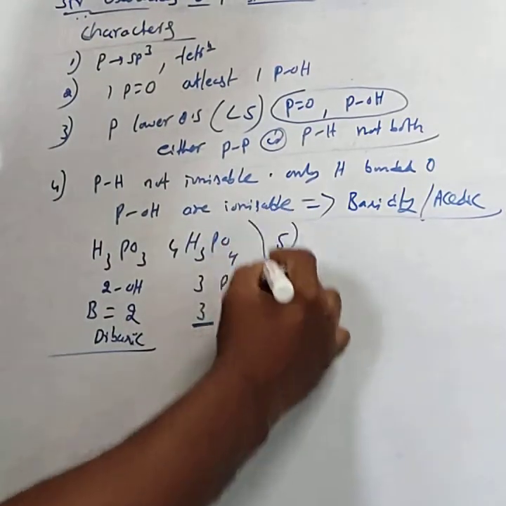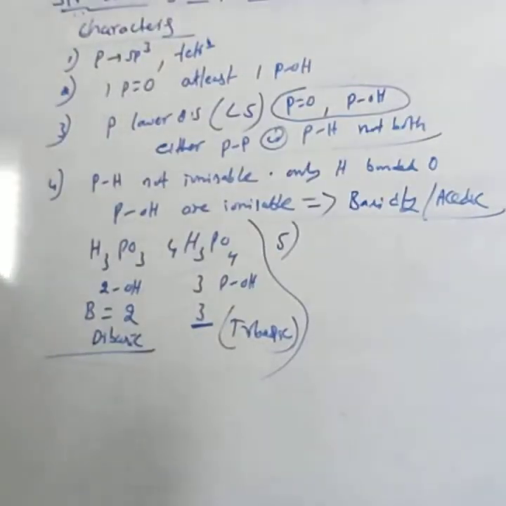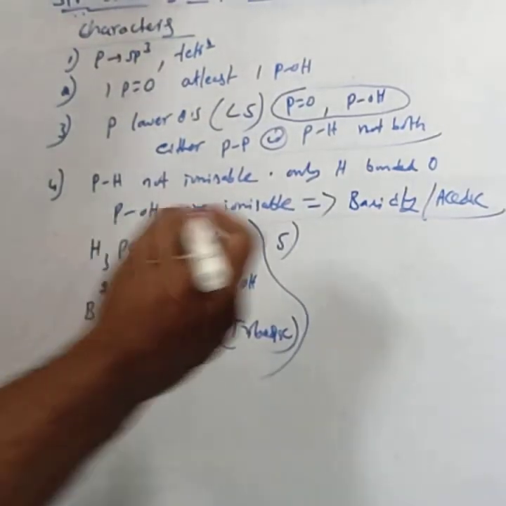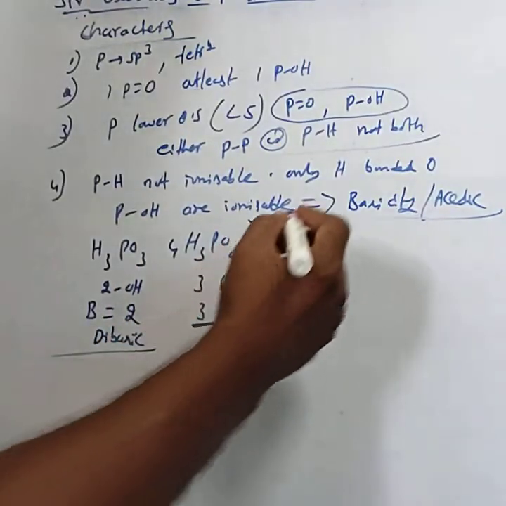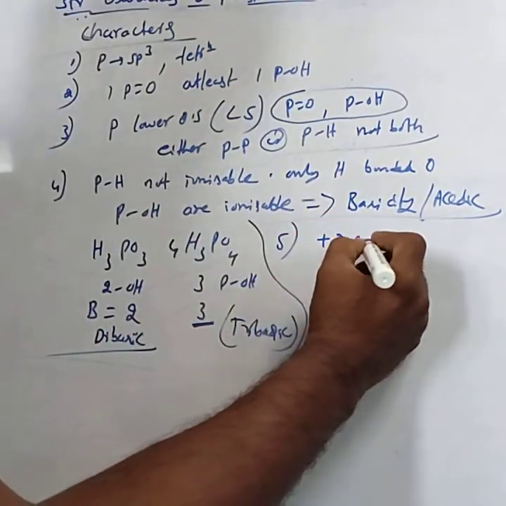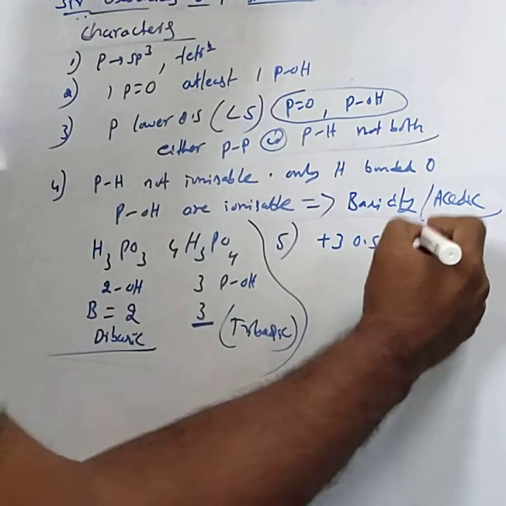Then the next point is the oxoacids in which phosphorus is in the +3 oxidation state.